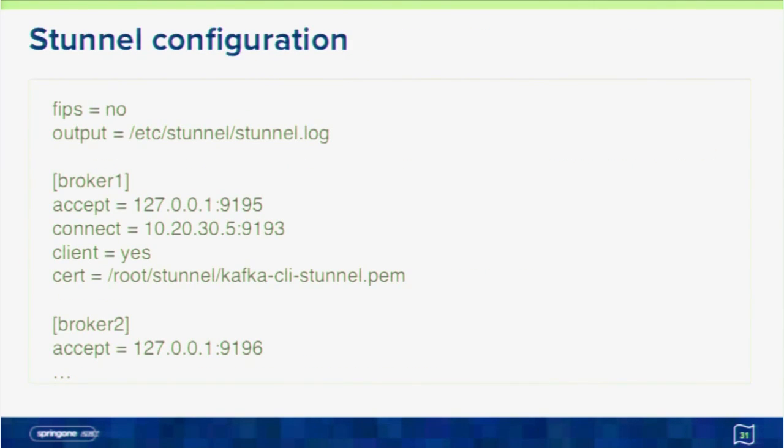So what it actually does is you've got this STunnel program running on your XD container, and it's got a corresponding configuration file. In that file, you define your external brokers. You define a localhost port that you will write data to, and then a corresponding external address that it'll write data to, and then you specify the PEM to use to ensure that security. So you've got this running on the XD container, you've got a corresponding configuration on the Kafka broker, and that's how it makes the connection.